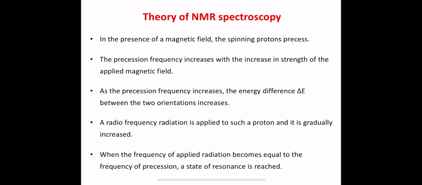Another type of orientation is the anti-parallel orientation. To get aligned this way, that nucleus should possess higher energy, because it is getting aligned in the opposite direction of the external magnetic field. These are the two types of orientations which a nucleus can take.